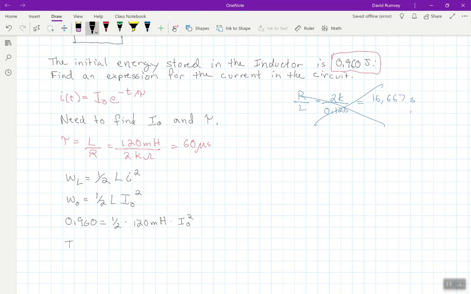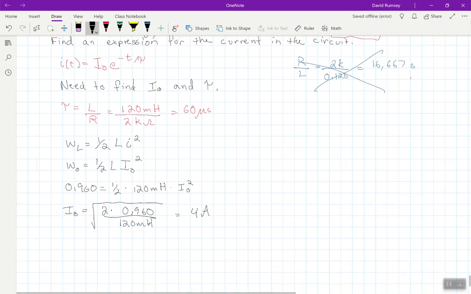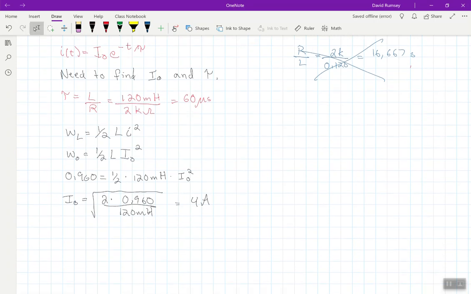Now you can solve it however you want to. I'll write down the formula that would give you the computation for the solution. This would be 2 times 0.960 divided by 120 millihenries, and then the square root of that, which gets you 4 amps. So now we're ready to write my answer down. There's not much else I need to do.